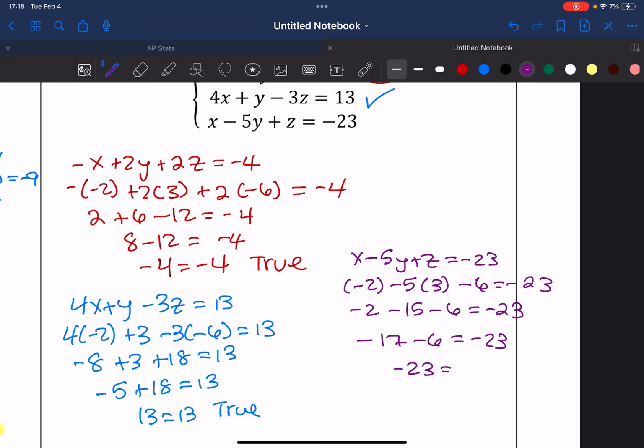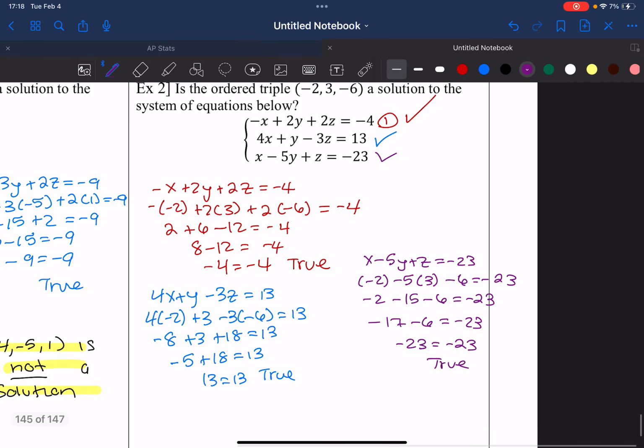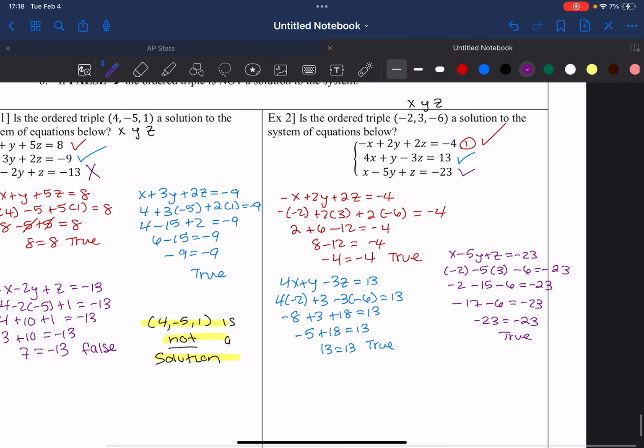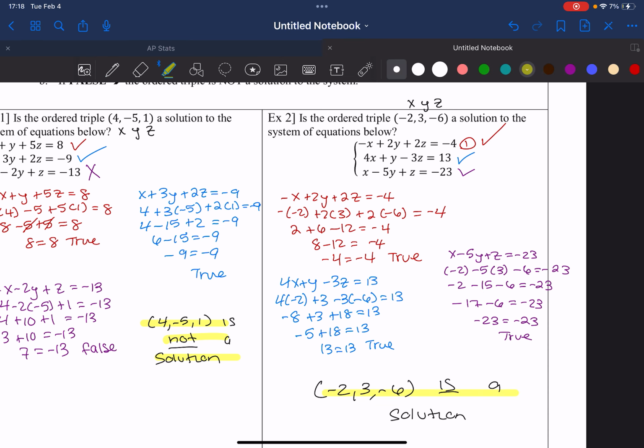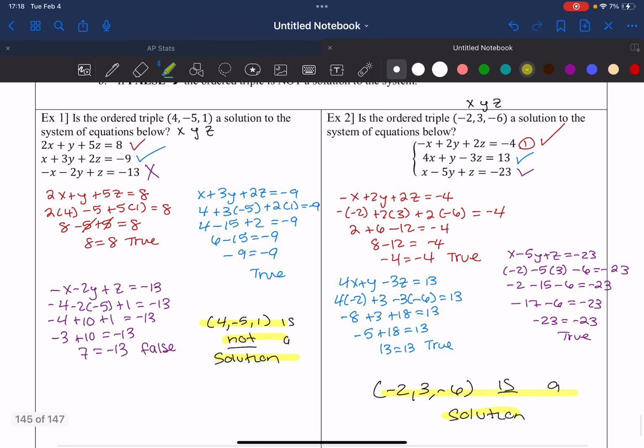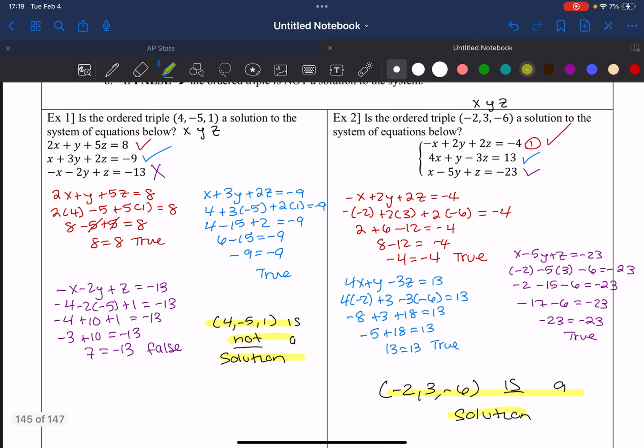Negative 23 equals negative 23. True. Since all three equations are true statements, that means negative 2, 3, and negative 6 is a solution. And that's my answer. So that was 1 and 2.